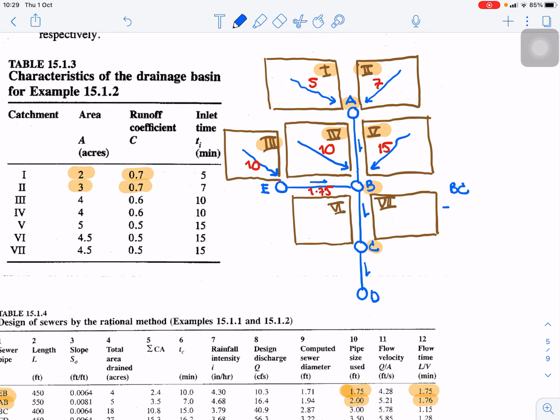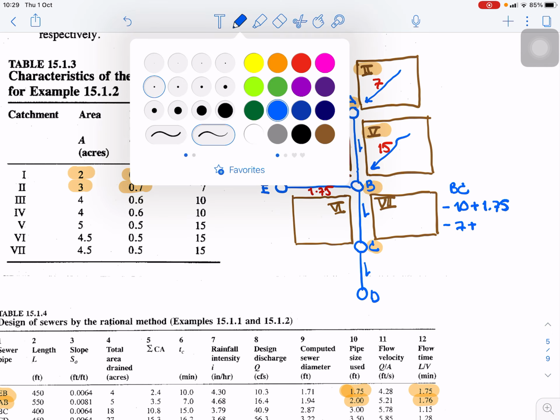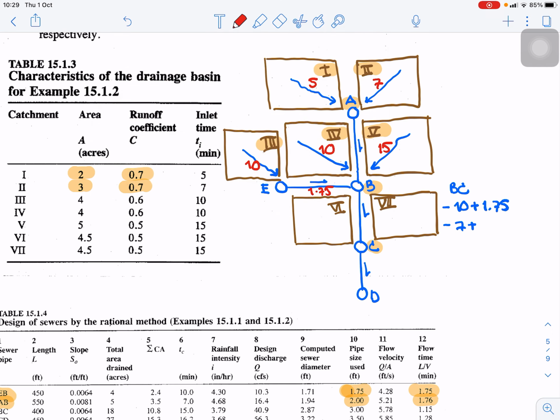The first is 10 plus the flow time in the pipe, and the second is 7 plus this. The flow time is 1.76.